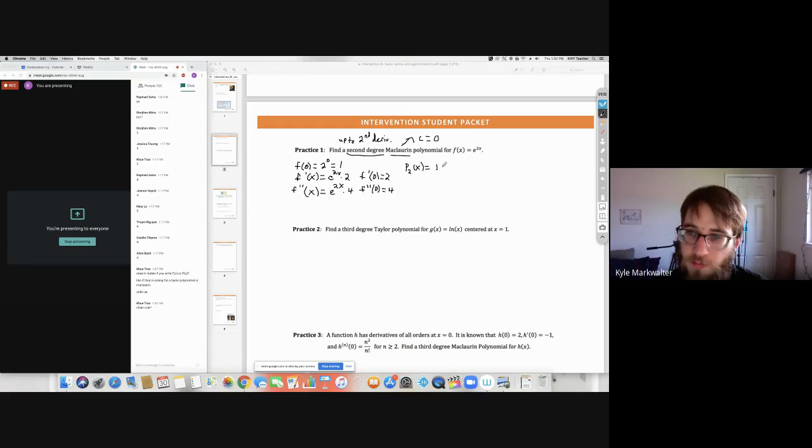Plus, then take the first derivative, which was 2, times x minus c, where c is 0, so x minus 0, just call it x, the first power, over 1 factorial. You don't even have to write that because 1 factorial is 1, right?